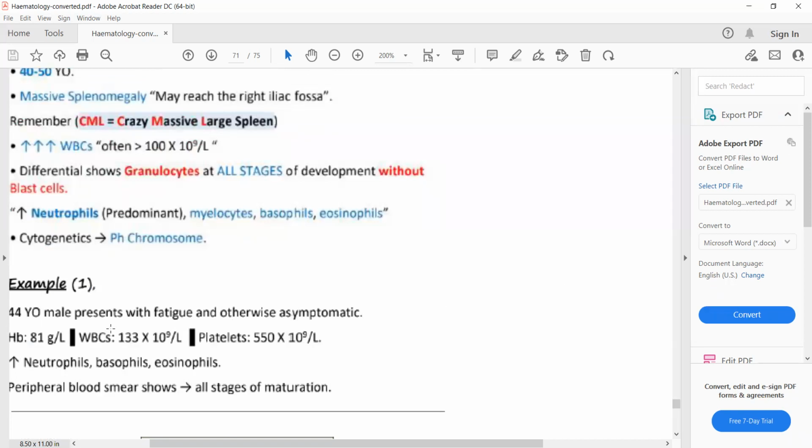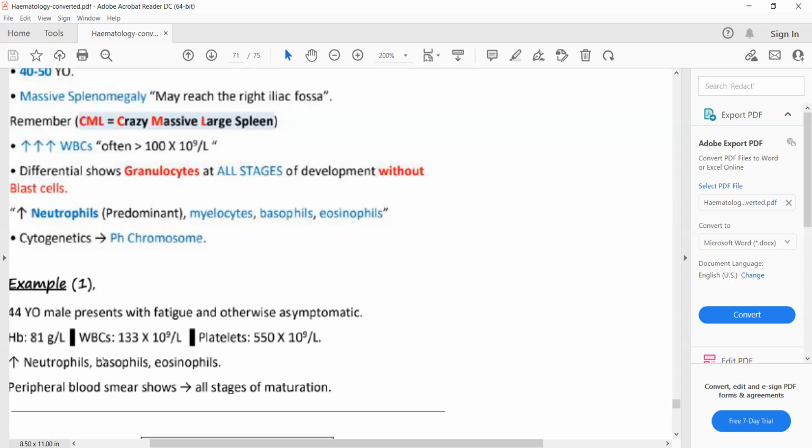So an example is given: a 44-year-old male presents with fatigue and is otherwise asymptomatic. So you can see that the only presenting complaint in chronic leukemias is a non-specific symptom such as fatigue. Otherwise, the patient is asymptomatic, and his full blood count shows anemia and a raised WBC count. WBC count is 133.